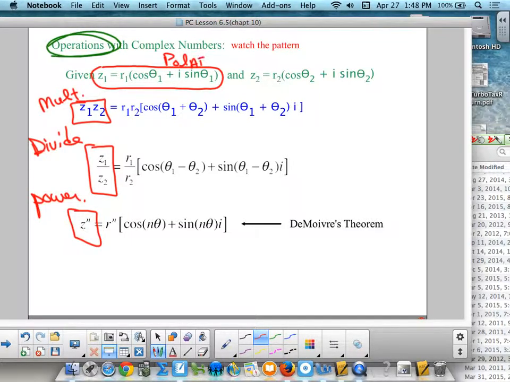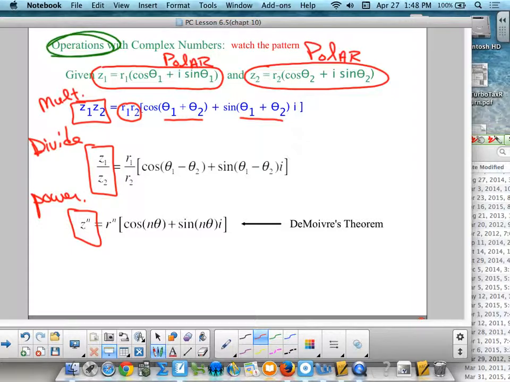So when they're in polar form, there are 3 formulas. Formula number 1, if you multiply 2 complex numbers in polar form, you take the radius and just multiply. Then you take it times cosine of the 2 angles added, plus sine of the 2 angles added, times i. So multiply the radius, add the angles.